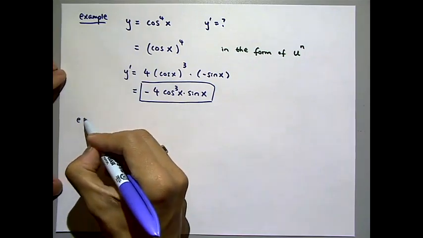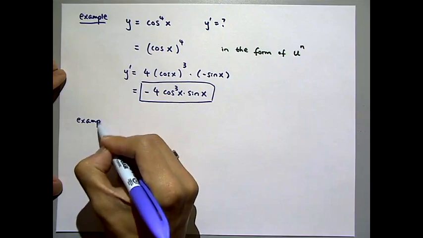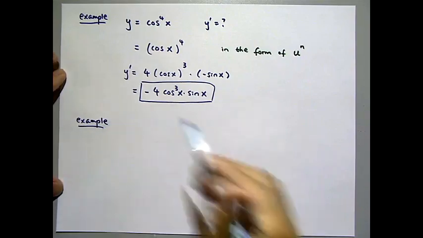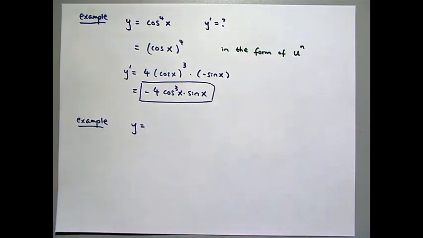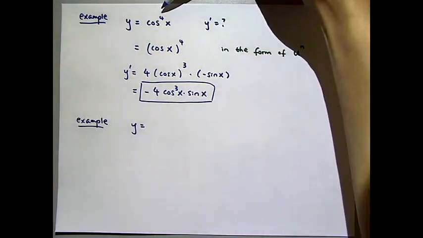Okay, now let me make a change to that. Just a very brief, very minor change, but actually a very major change in terms of the derivative. All I'm going to do is move that power 4 to go with the x.